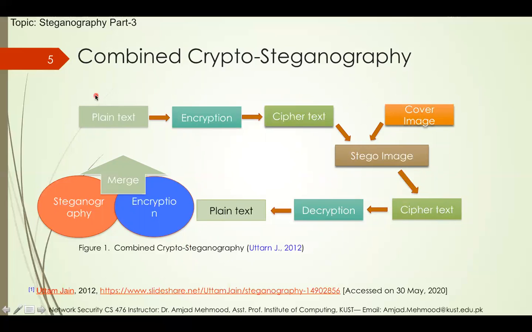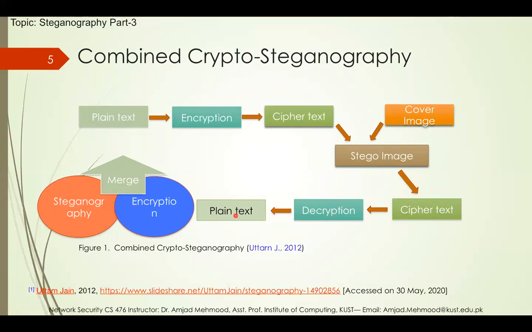You can see here that we have a plain text and we perform the process of encryption on it and get the ciphertext, and then this ciphertext will be embedded in a cover image or an image which you want to send, and then stego image will be created or generated, and then this stego image will be sent to the receiver, where the receiver will get the ciphertext and perform the process of decryption on it and get the plain text back.